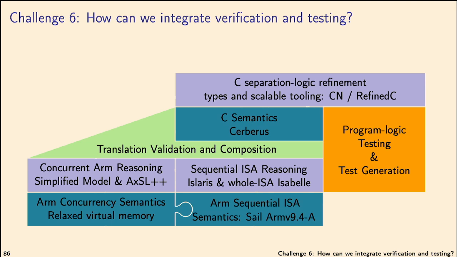That seems to me a rather straightforward thing that people should have done 10 years ago. And it's super powerful because you get to know automatically the concrete thing that has to be verified down here if you want to do the translation validation.